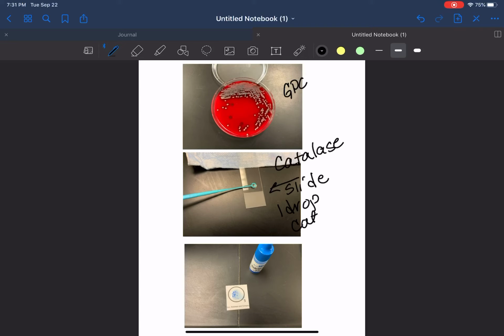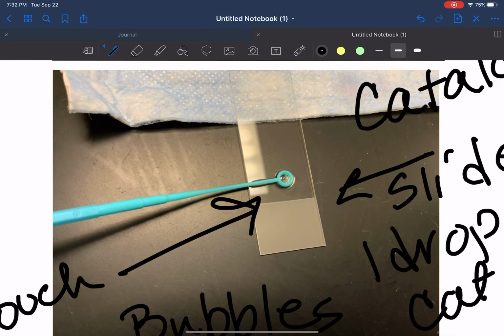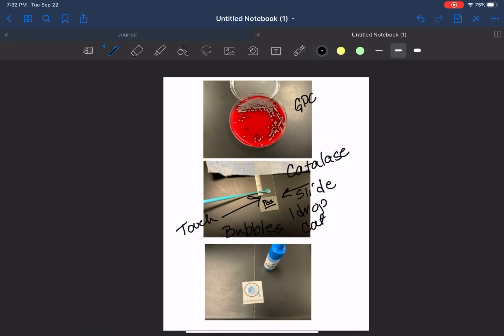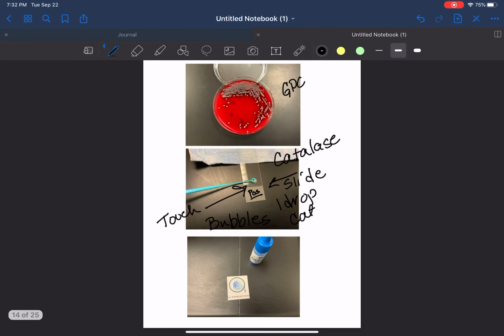Then you touch with a loop and wait for bubbles. So this was positive. We see bubbles.